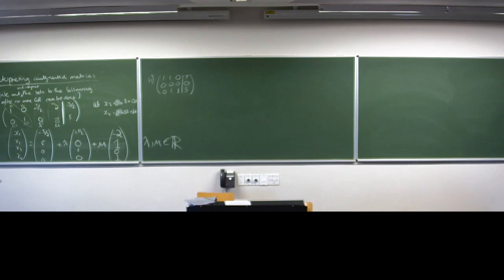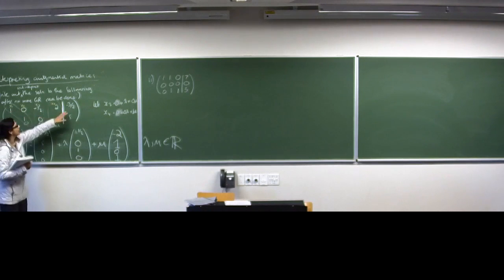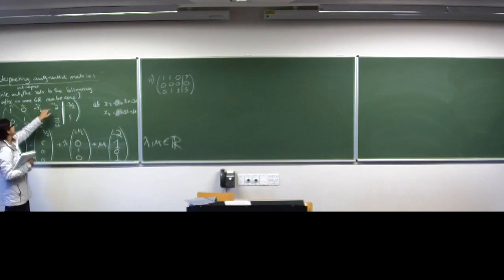If you're doing it the long way and writing out, let x1 equal to minus 3 over 2 plus x3 plus 2x4, that's fine. I'm just going to mark there and mark there, because that's what I'm interested in. Have you interpreted the answer correctly?